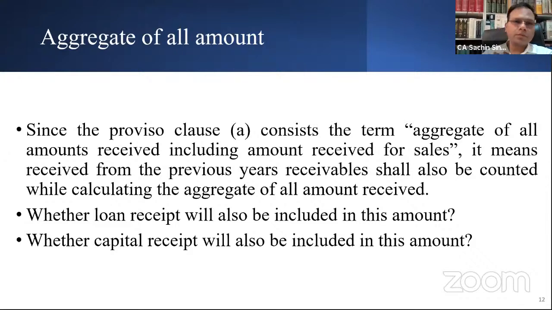So coming to the next situation, let me pose a question before you. Assuming you have a client which is a contractor, and in case of a contractor, the accounting standard says that revenue is to be recognized based on the percentage of completion method. This is for the purpose of accounting. While working for tax calculation or tax audit purposes, whether that percentage of completion turnover is taken for tax purposes also or not.